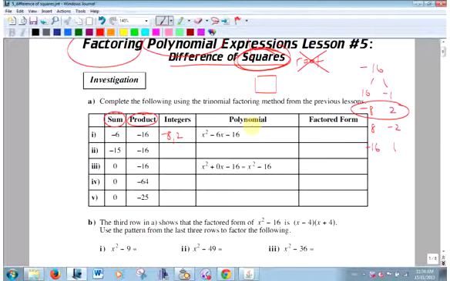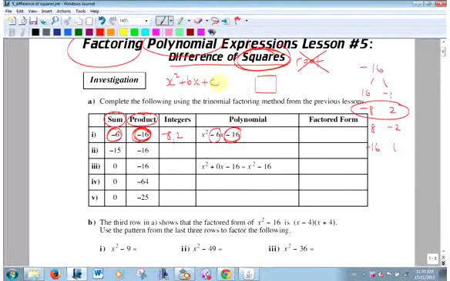So as a polynomial, how could I write this? Remember, it's got to multiply to the last thing, and these numbers add to the middle thing. Any one of these can be written in this form.